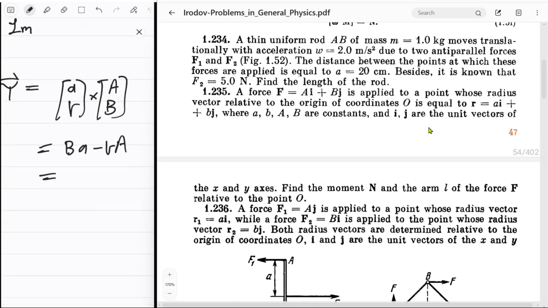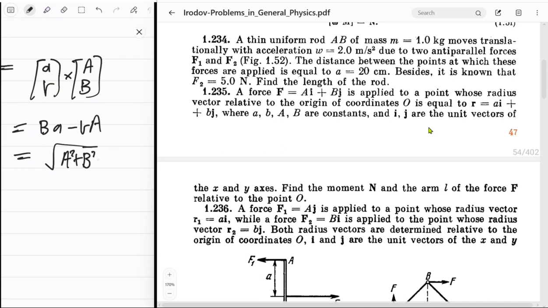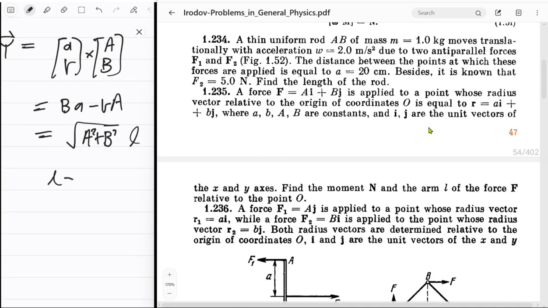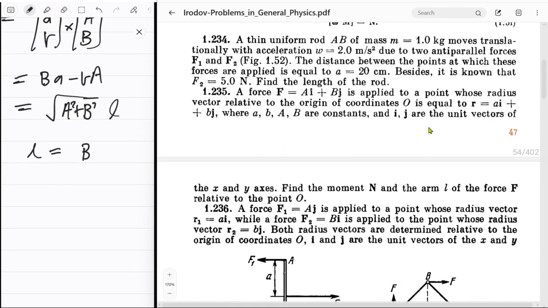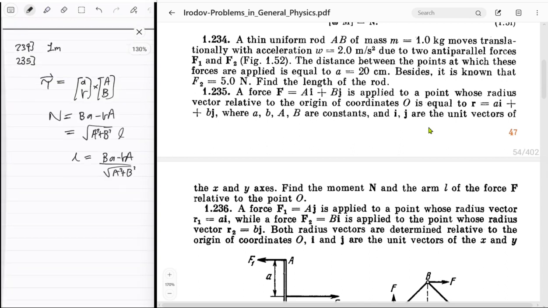And that is actually equal to the magnitude of force, which is the square root of A squared plus B squared, times the length. The length we don't know, so it's the arm, right? L is just equal to this thing, BA minus BA upon the square root of A squared plus B squared. That's all you need. And we are going to call this N. I don't like it that way, but whatever.